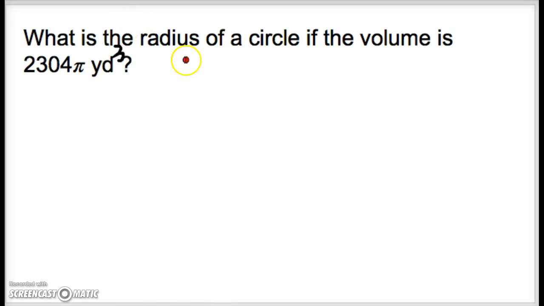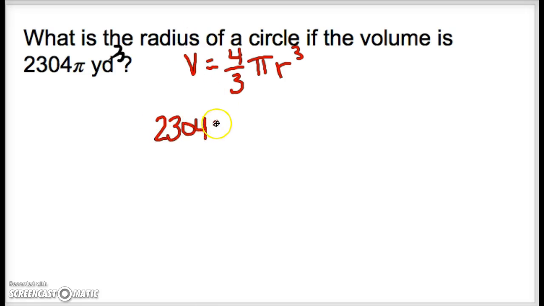Okay, so again, start off with my formula, 4/3 pi r cubed. But now the number that they give me, that's the volume. So I'm going to take this entire number, don't forget the pi, and I'm going to put it right where the V is. So 2,304 pi equals the rest of this, 4/3 times pi times the radius cubed.